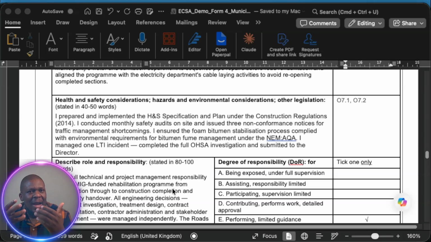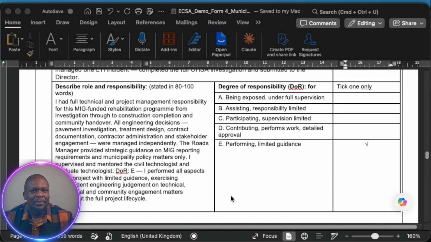So here you are explaining how you take health and safety into consideration. Then lastly, degree of responsibility E is explaining your role and responsibility.